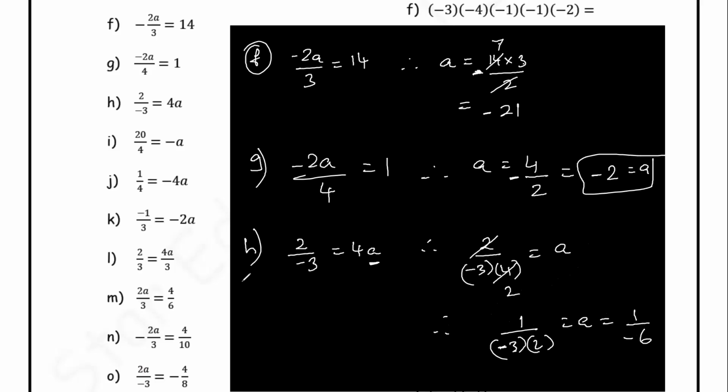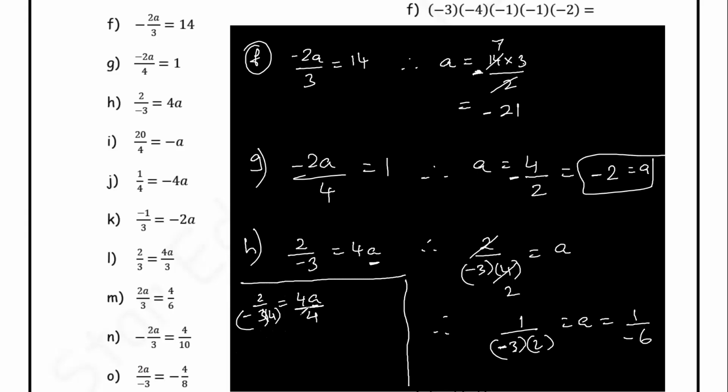And just so that you don't forget the regular method, 2 over negative 3 is equal to 4A. We want to find A, so we need only A. So we'll get rid of the 4 by dividing by 4. Now, if you divide by 4 on one side, you'll have to divide by 4 on the other side. So I'll simply bring the 4 next to negative 3. And once you're multiplying, just put a bracket so that you know you're multiplying.